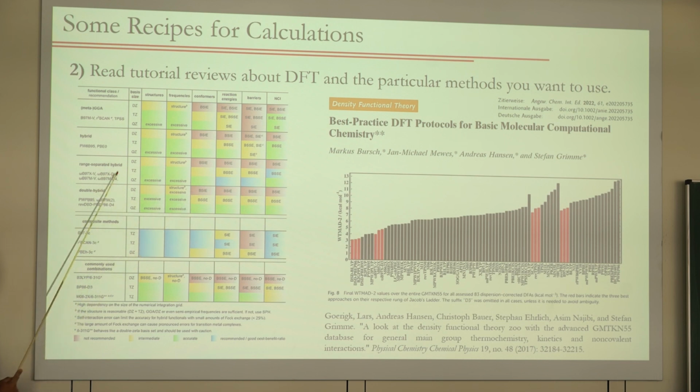These are some of the range-separated hybrids, omega B97X-V and X-D4. The V is the van der Waals dispersion method. D4 is the empirical dispersion. So this would be recommended with a quadruple zeta basis set for reaction energies and barrier heights.